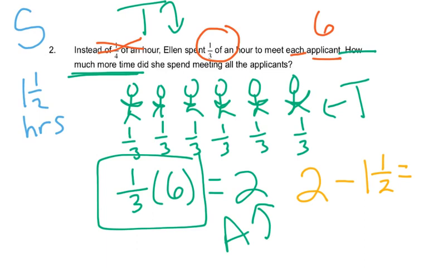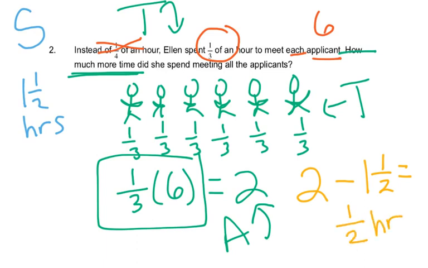And then we can subtract those. So she spent 1.5 hours, spending 1/4 of an hour each. It's 2 hours when she did 1/3 of an hour each. So 2 minus 1.5 is 1/2 of an hour more.